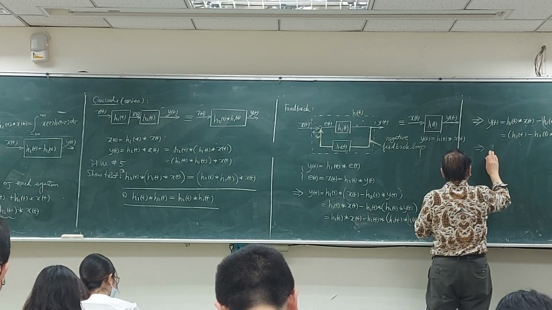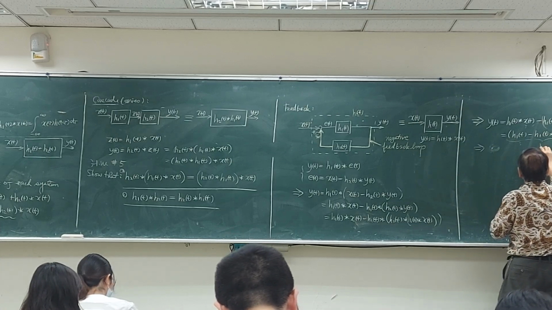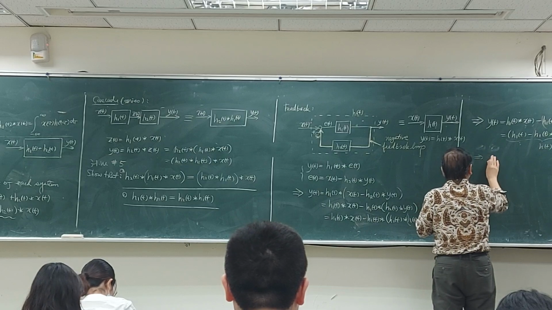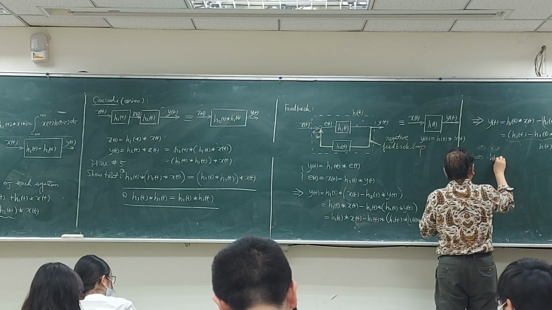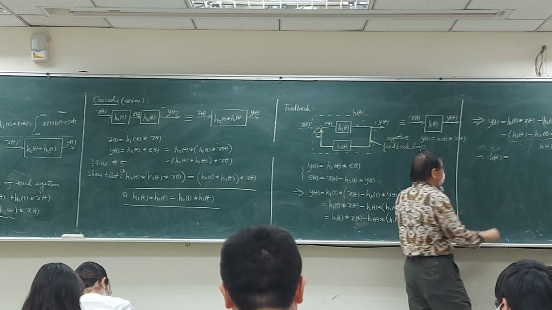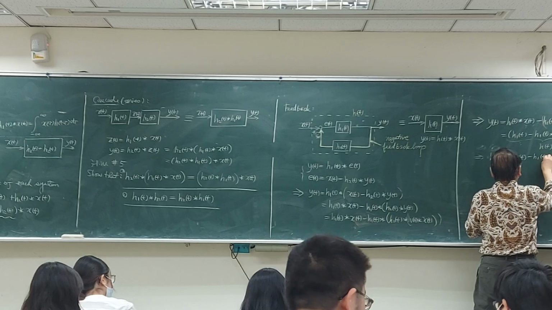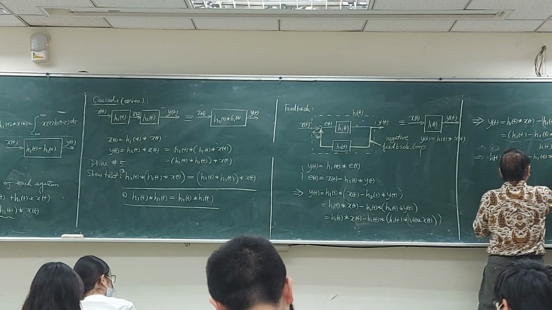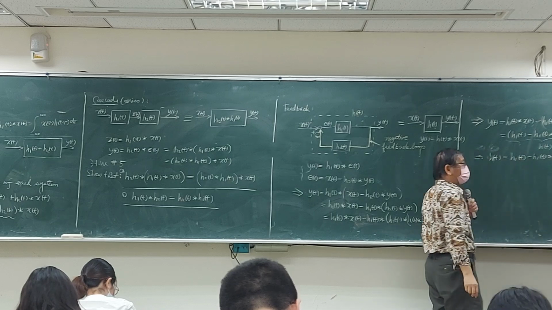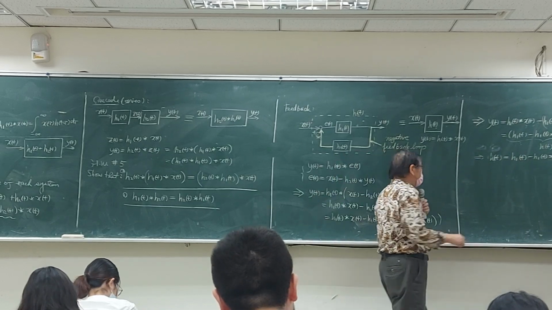The equivalent system. The equivalent impulse response is equal to 1 minus 1 comma with 2 and then comma with 2.